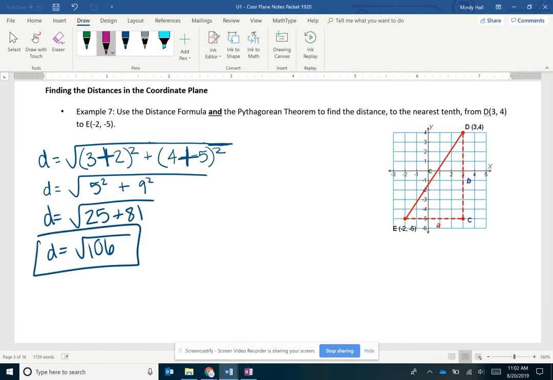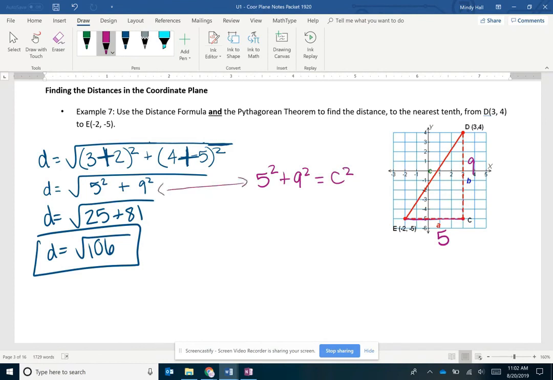So then if we did Pythagorean theorem and counted, we would have 1, 2, 3, 4, 5, and 1, 2, 3, 4, 5, 6, 7, 8, 9. So then we have 5 and 9 as legs. So then with Pythagorean theorem, we'd have 5 squared plus 9 squared equals c squared. Notice those are the exact same thing.